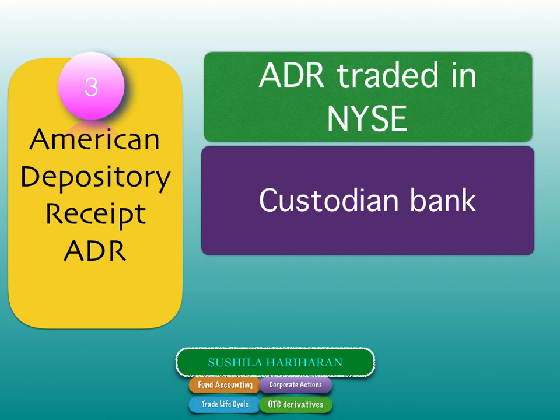So an Indian company like Infosys has Indian shares listed on NSE denominated in INR. There's a custodian bank involved which holds a large portion of these shares, and against this holding, the custodian bank issues ADRs, which are denominated in which currency? In USD. And where are they traded? They're traded on the New York Stock Exchange.